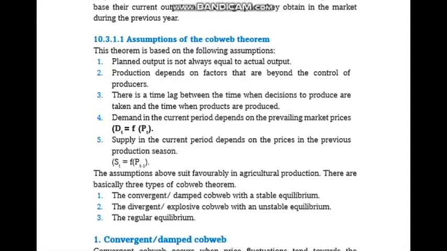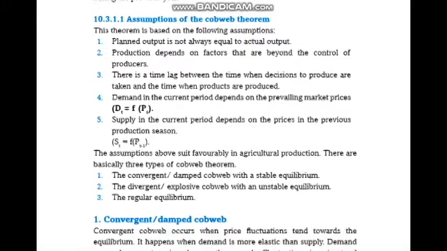Assumptions of the Cobweb Theorem. The theorem is based on the following assumptions.